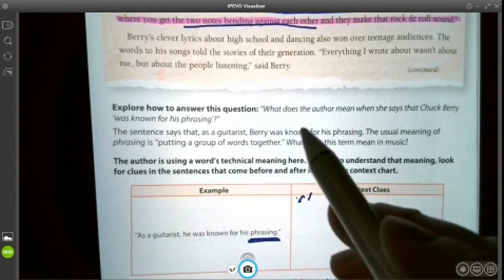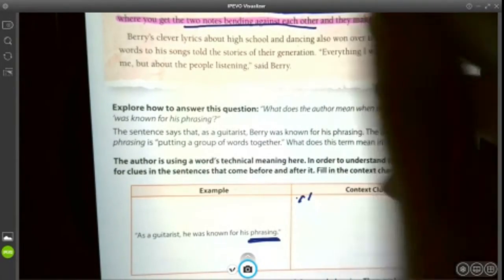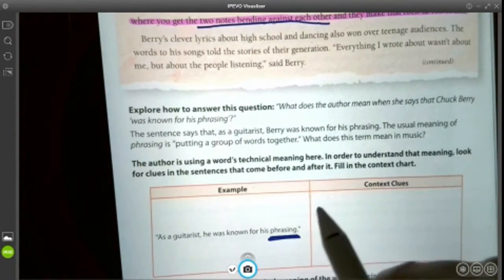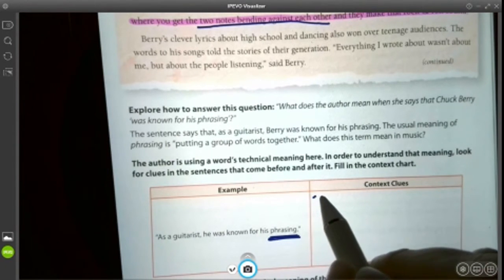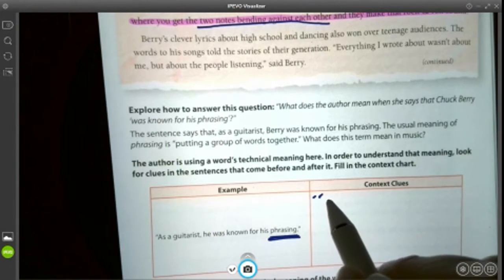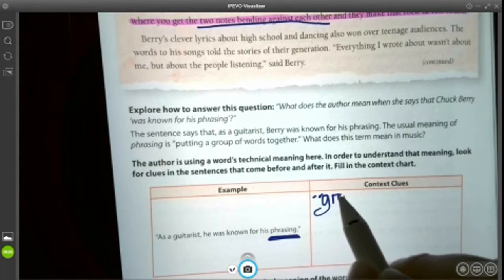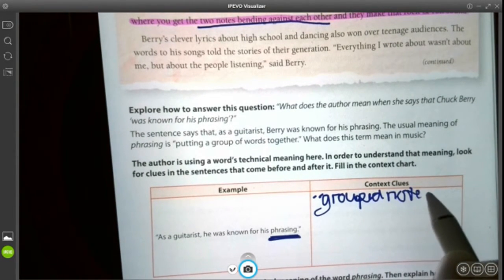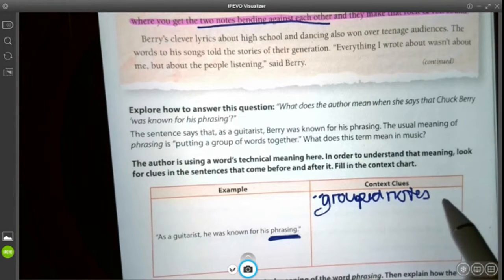Okay, so let me actually try a little bit better. If I were to write some of those context clues, I don't have to write the whole sentence, but I could put the part where it says grouped notes into quick bursts.